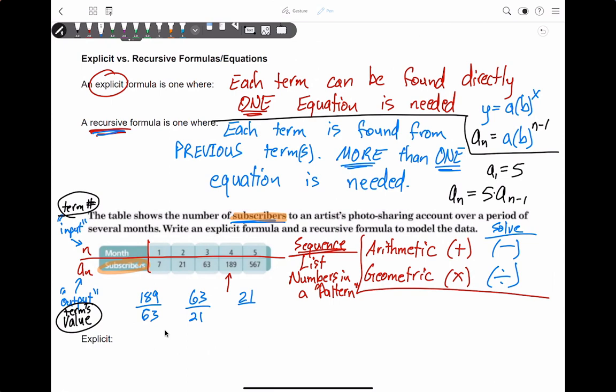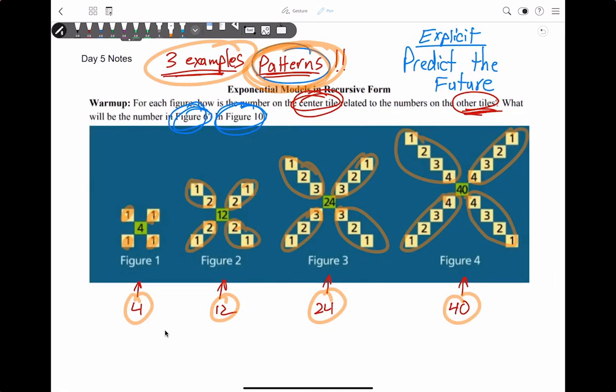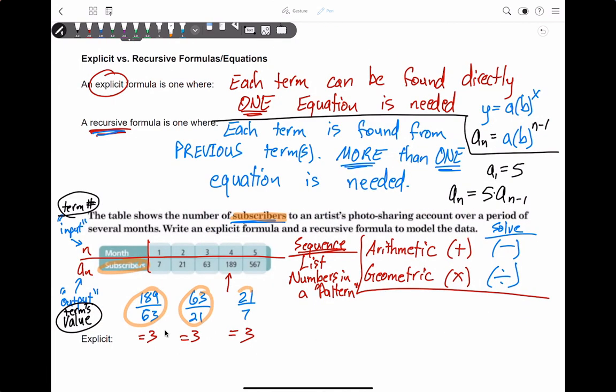Now remember what I mentioned. To establish a pattern, you need at least 3 examples. So we have our 3 examples, 1, 2, and 3. And if these are all the same number, then we've established the pattern. Because we solved that pattern by division, we know that it's going to be a multiplication geometric pattern.